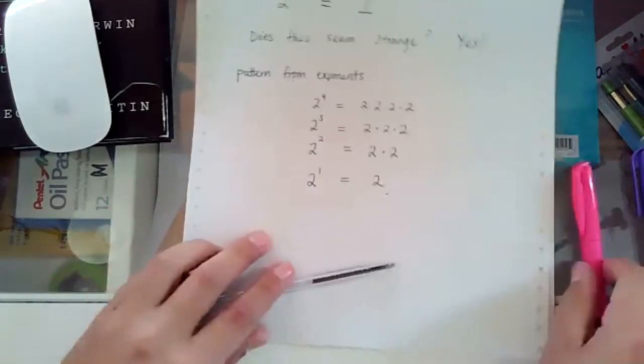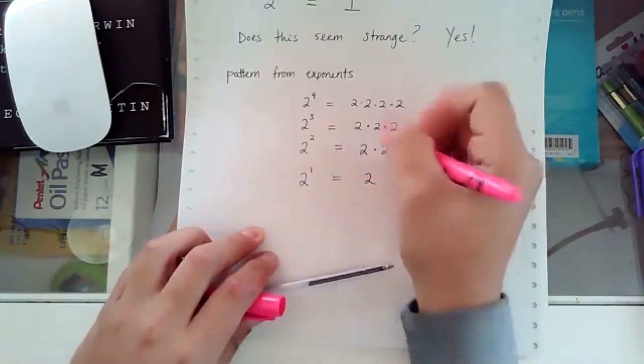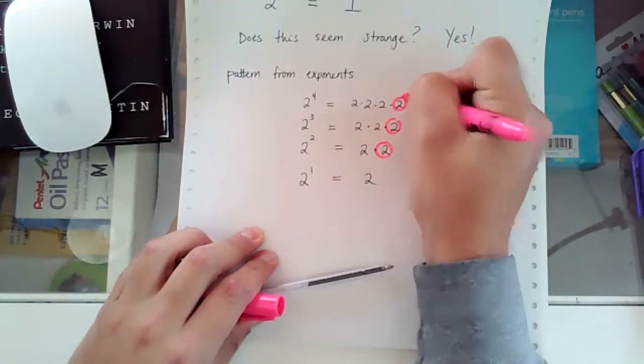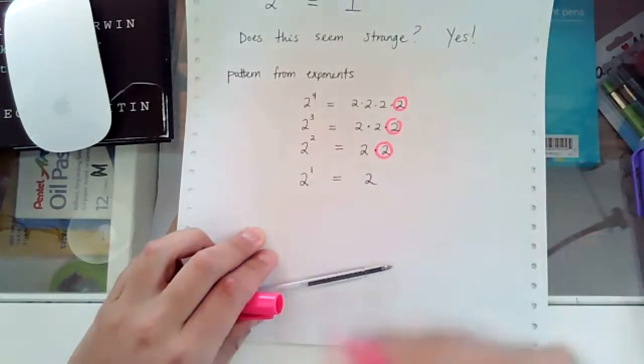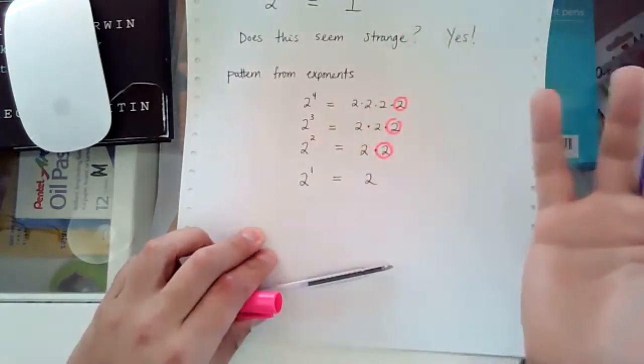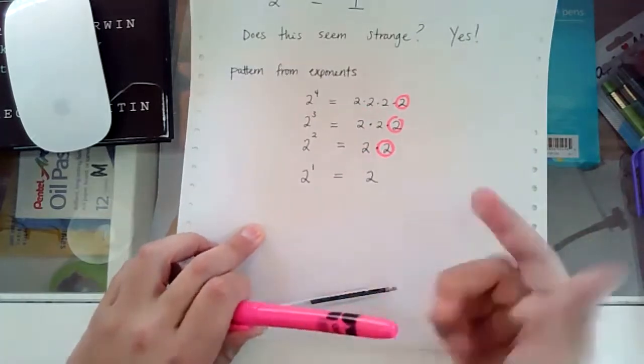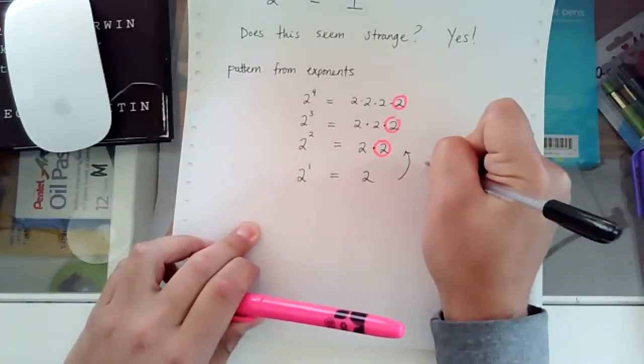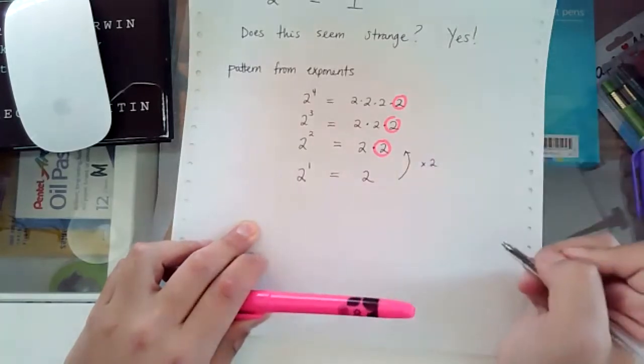And so you notice that every time we go up in power, we just put another copy of 2 onto the last row, right? Essentially, as we go up in this direction, we multiply by another factor of 2.